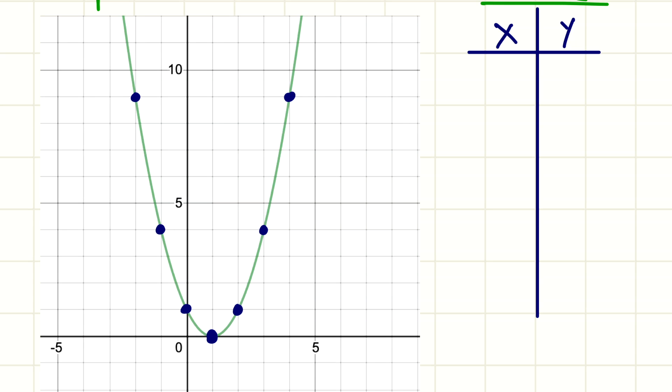Now I've just gone through and made them very clear. So I have 1, 2, 3, 4, 5, 6, 7 points. At the very least, you should have probably 5 points. These 5 points are usually key points. Above that, it just depends on how much room you have.